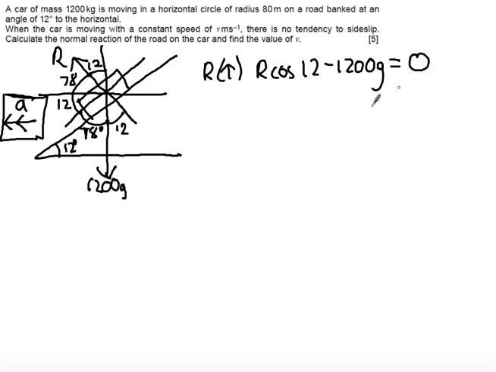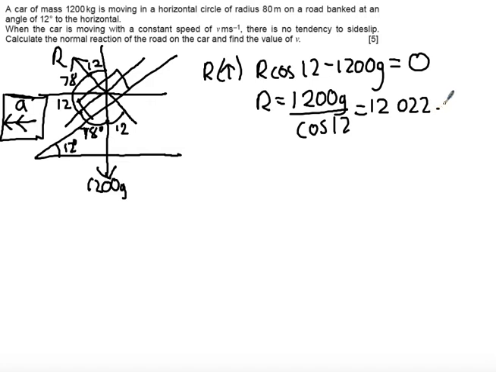So this is equal to 0. So then R is equal to, if I add the 1200 g to both sides and divide by cos 12, we get that the reaction will be 12,022.73 newtons. And that's to 2 decimal places.